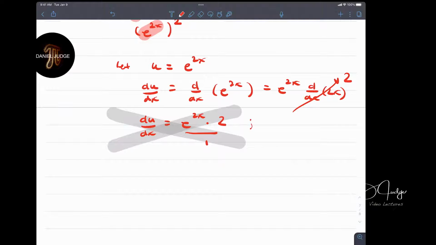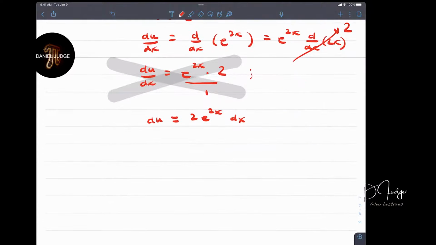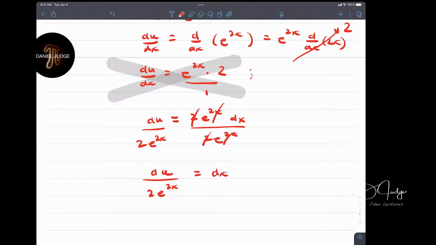So du equals 2 e to the 2x times dx. Now, divide both sides by 2 e to the 2x, and du over 2 e to the 2x is dx.